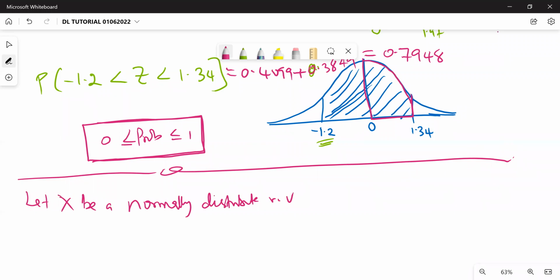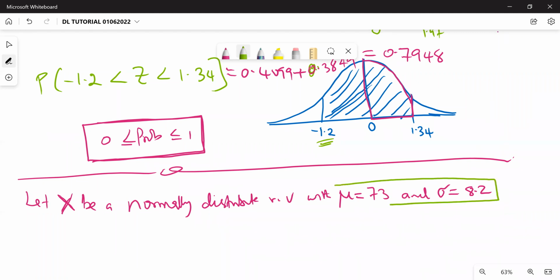So the marks scored is what we are calling X. In this case, X is assumed to be a continuous variable with mean, the mean given there is 73, and standard deviation is 8.2. Once you get these two, you are done with the normal distribution. Those two are the only things that you need to figure out, as long as you know it's a normal distribution.